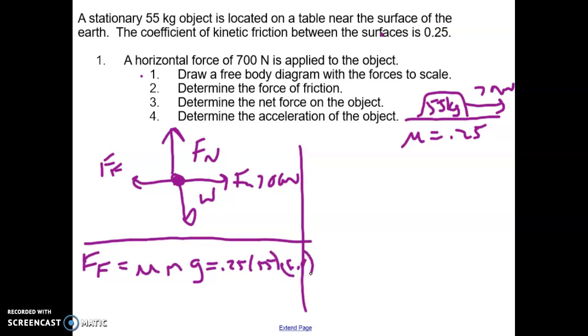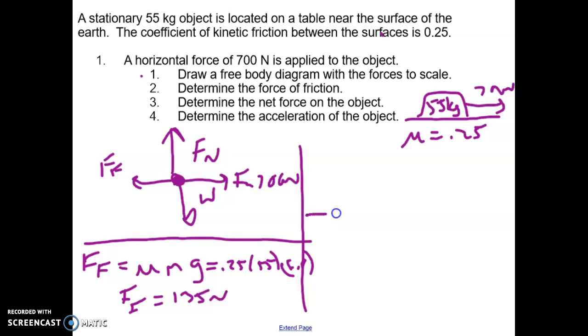That's about 135 newtons. It's actually 134.75, which is equal to 135 newtons. I'm going to check my math there: 0.25 times 55 times 9.8. Sure enough, I was right, 135 newtons.